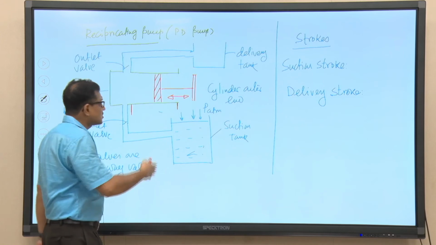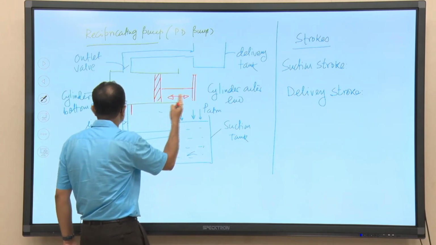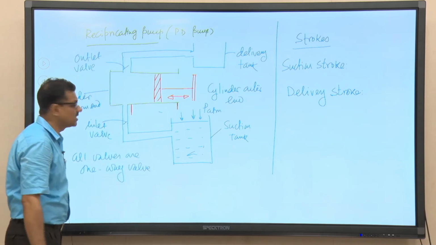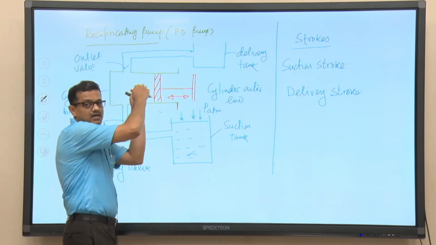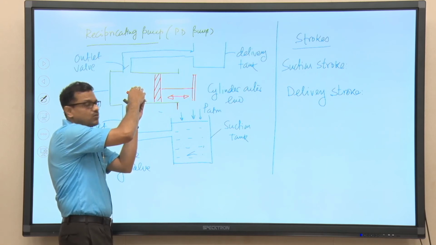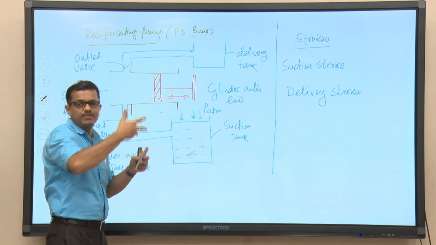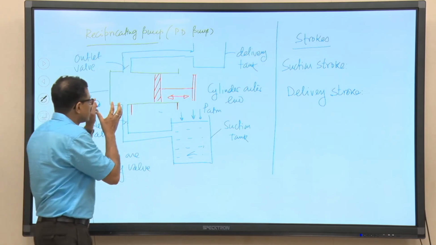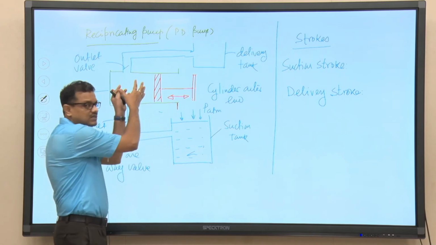Okay, the next stroke is the delivery stroke. As I told you, now when the piston is coming from the cylinder outer end to the cylinder bottom end, that is the delivery stroke. In this stroke, the amount of liquid that was drawn into the cylinder during the suction stroke will now be displaced.